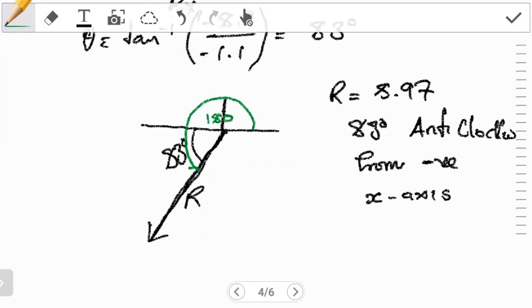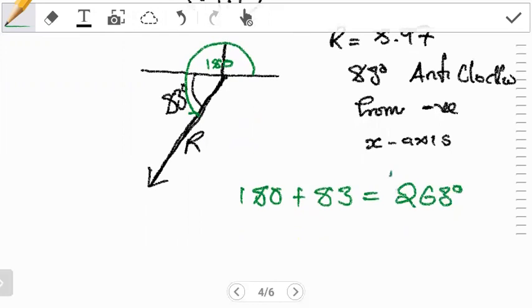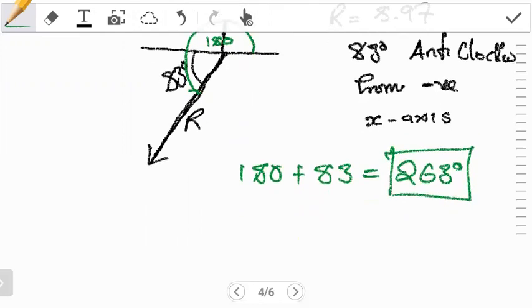So that's 180 plus 83, and we get our angle as 263 degrees. Now, this is measured anti-clockwise from the positive x-axis.